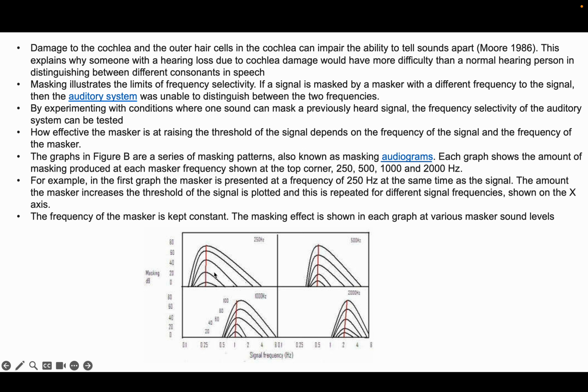Notice that this is illustrated not just for the masking signal centered at 250, but also 500, 1000, and 2000 respectively. And it's a little hard to tell because this axis is on a logarithmic scale. So you can notice that this bandwidth of influence is narrower at the higher frequencies, but you can't really say it's half the size because this is a logarithmic scale on the horizontal, but it is definitely less.